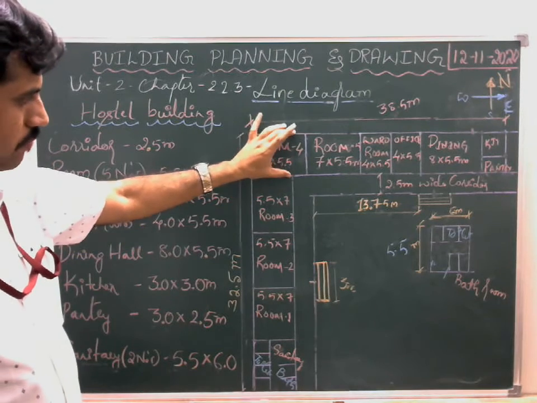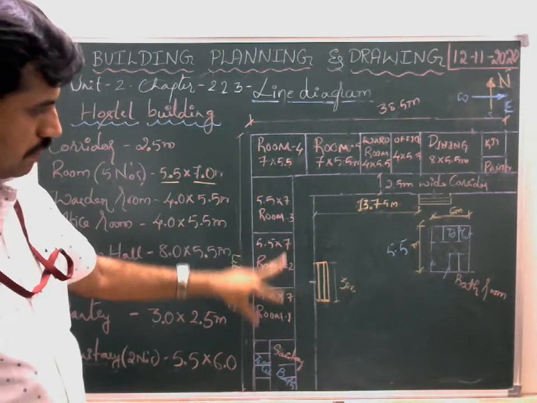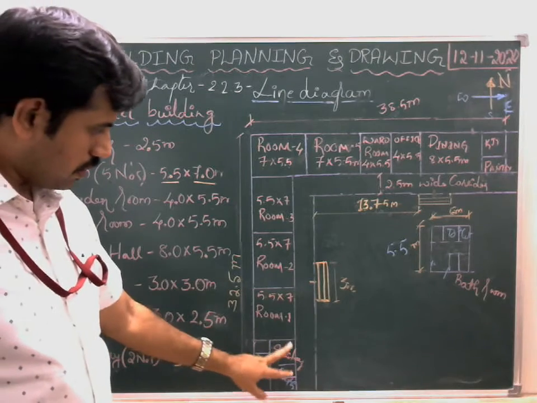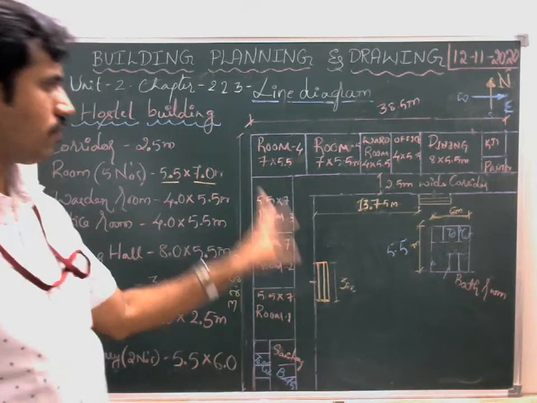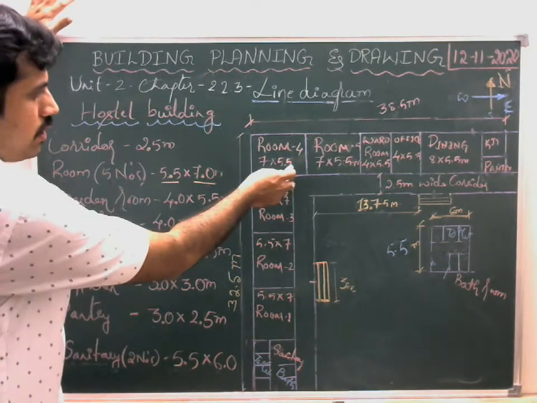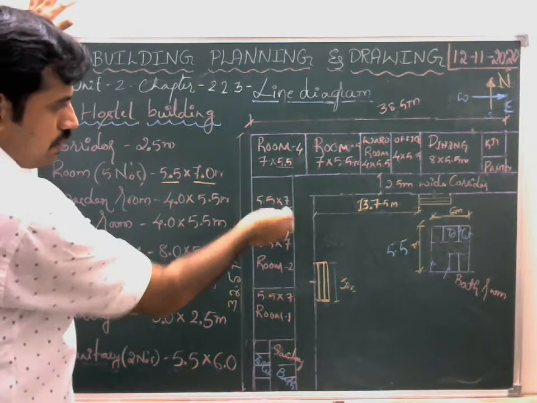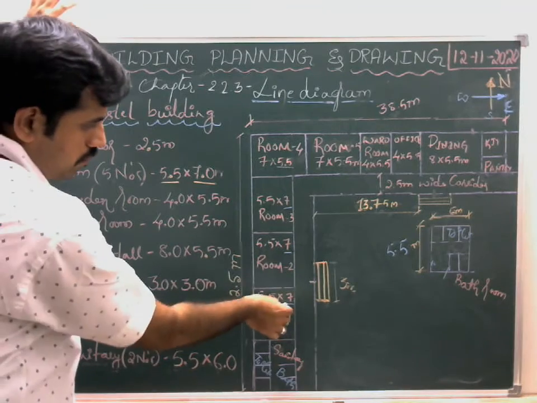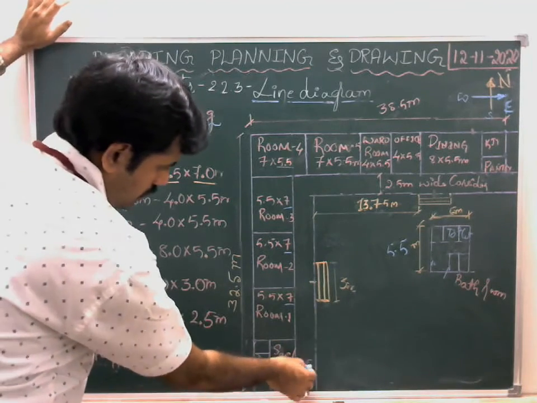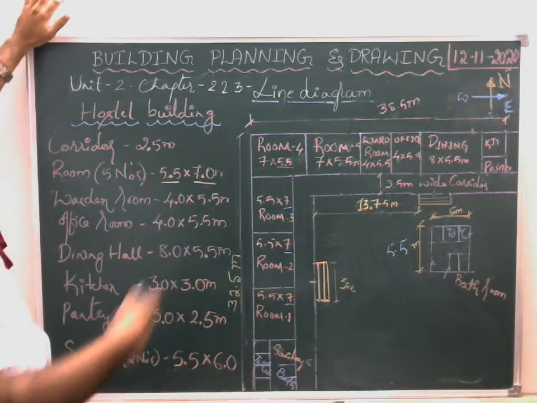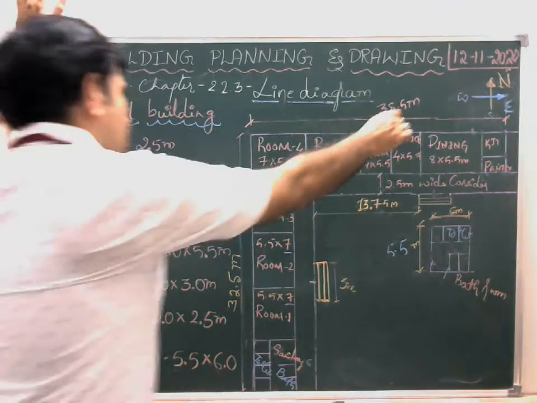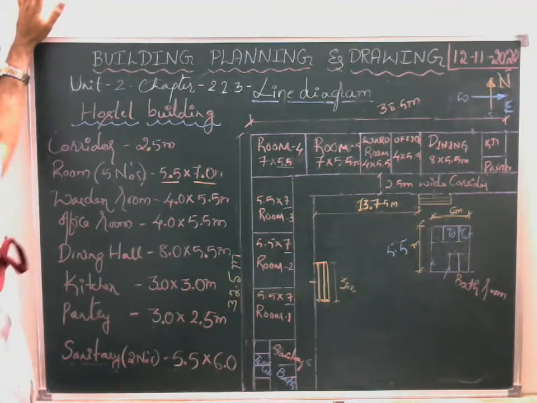So this will be 5.5 plus 7 plus 7 plus 7, and again 5.5, and this will be 6. So add these things: 5.5 plus 7 plus 7 plus 7 and then plus 6. You are going to get 32.5 meter. We can say the side dimension is 32.5 meter into 32.5 meter.